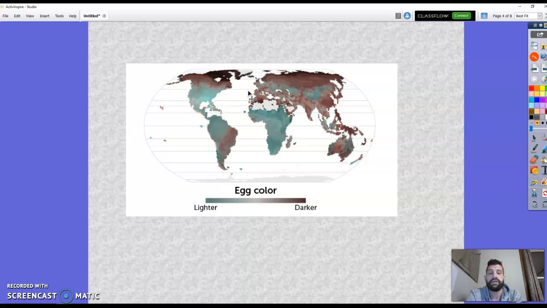So they believe that the eggs are darker so that when the mom or the dad, if they're sitting on it, go off to find food, water, things like that, the eggs will absorb the sun and help keep them warmer when they are not being sat on. Okay? So they decided that the lighter colored, brighter colored eggs are closer to the equator.